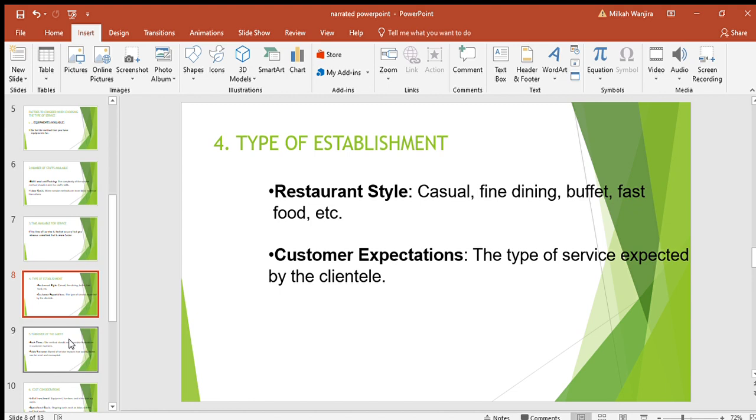Exactly, correct. I can see that you have all experienced food and beverage service establishments. You are not new. According to what Susan has said, we consider the type of establishment because there are those establishments that are of high class, like 5-star, 4-star, 3-star, and those that are kiosks or just some food courts.